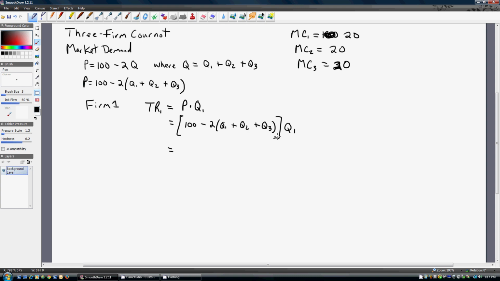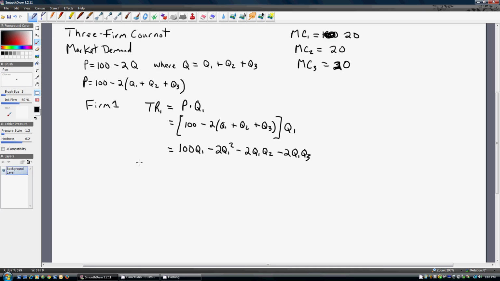Let's multiply firm 1's output through by everything in the brackets. And we get this result.